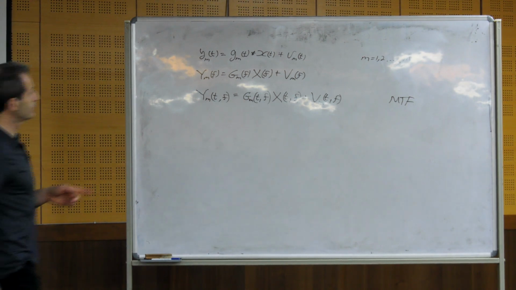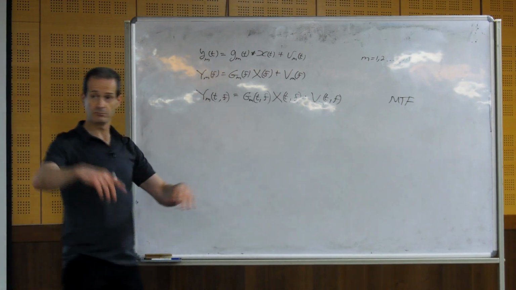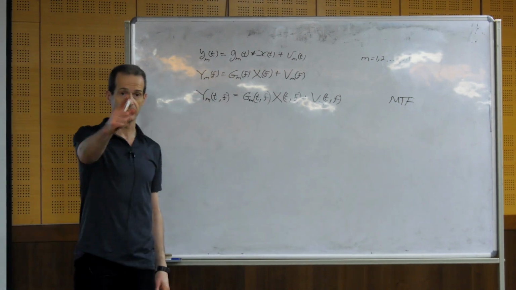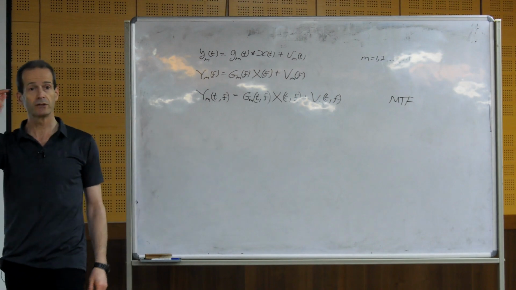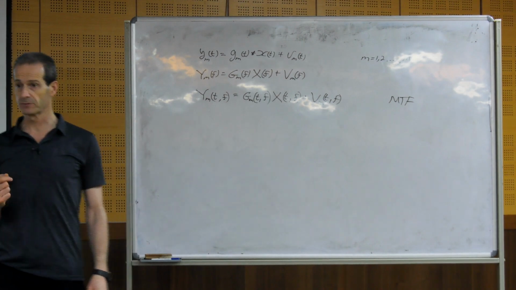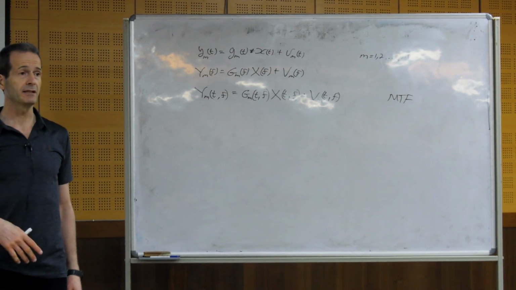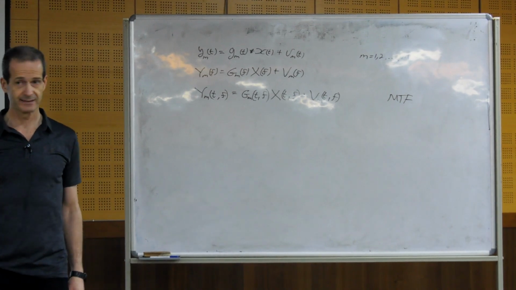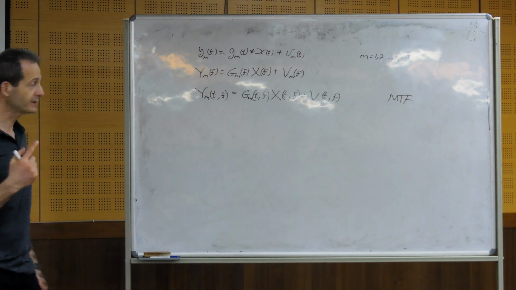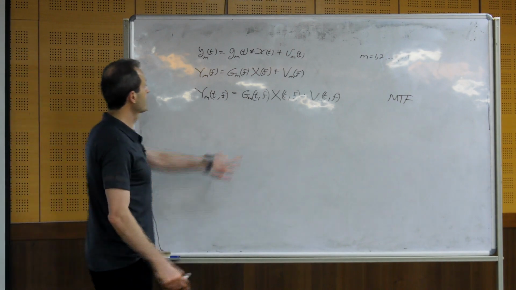But the impulse response in the room, for example here, when I speak and you put a microphone where you listen to my speech, can be hundreds of milliseconds. So it's much longer than the length of the window.